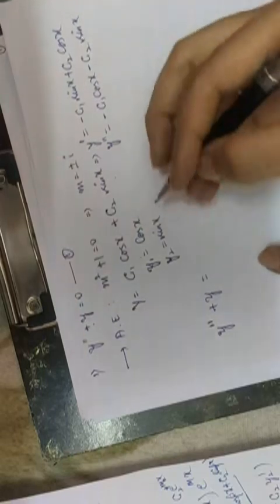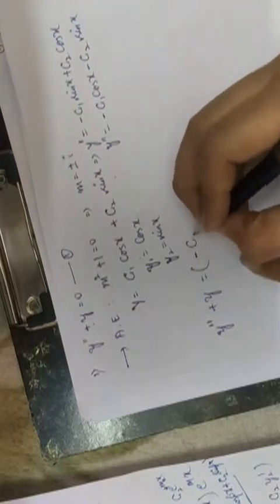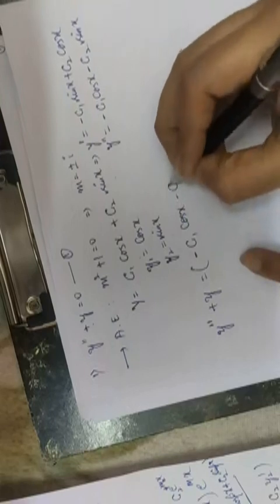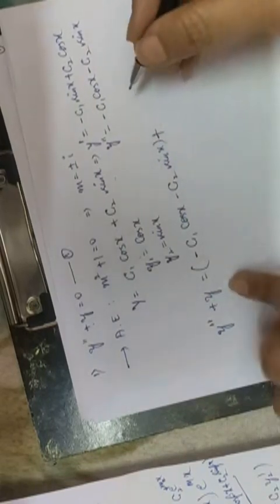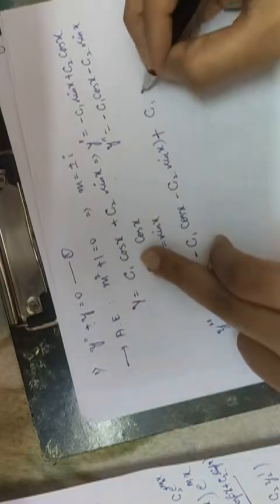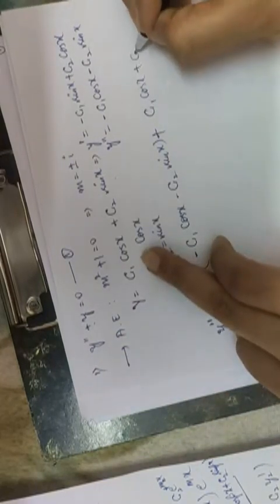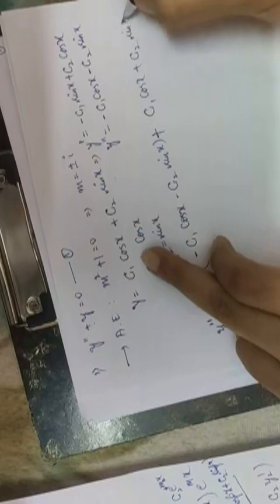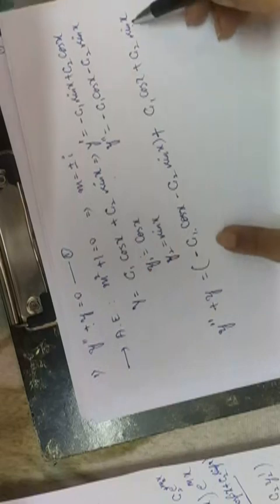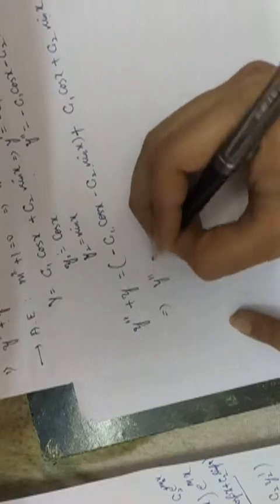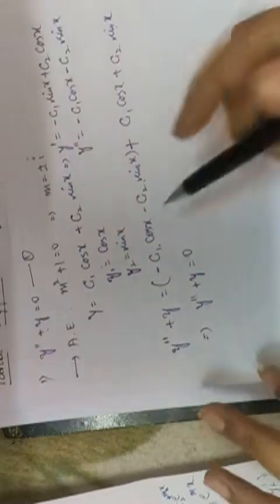So substitute this value here, you will get minus c1 cos x minus c2 sin x plus what is y? Y is c1 cos x plus c2 sin x, right? So c1 cos x minus c1 cos x gets cancelled, c2 sin x minus c2 sin x gets cancelled. You will get y double dash plus y is equal to 0, right?